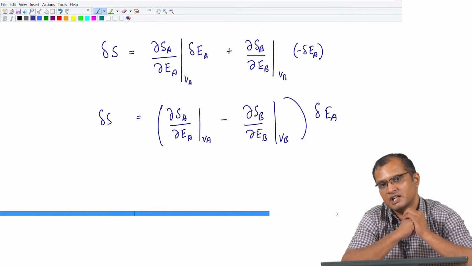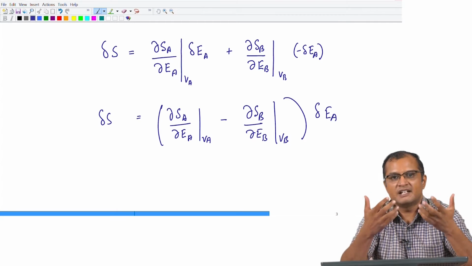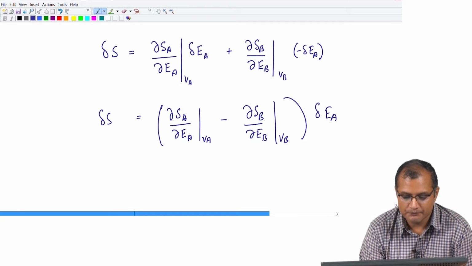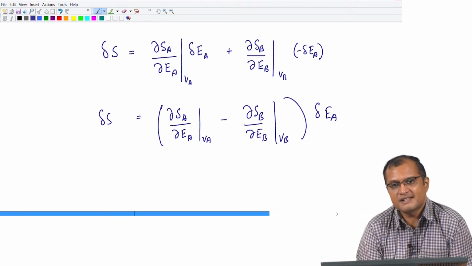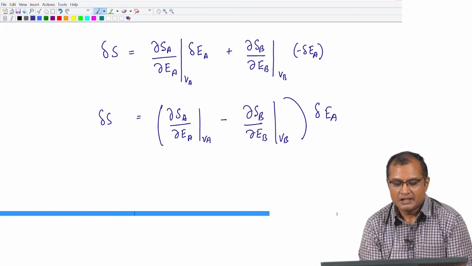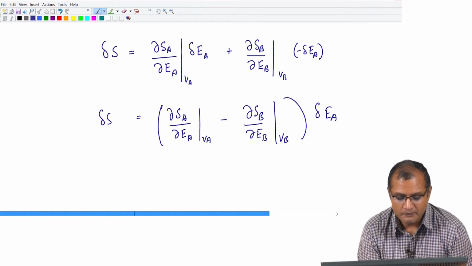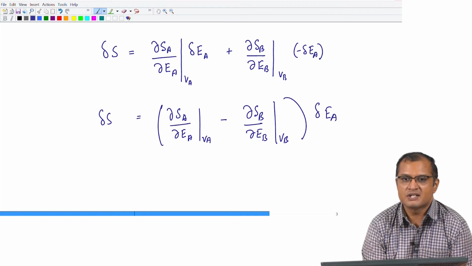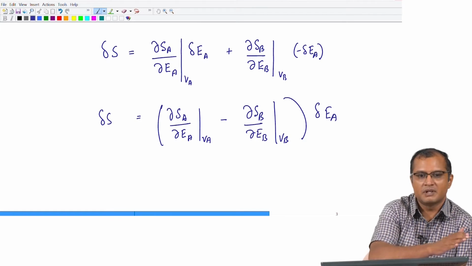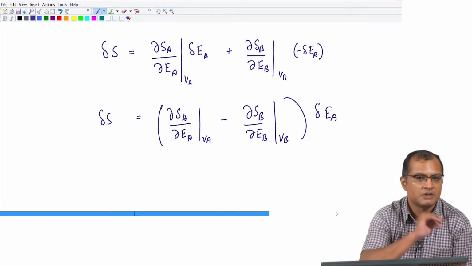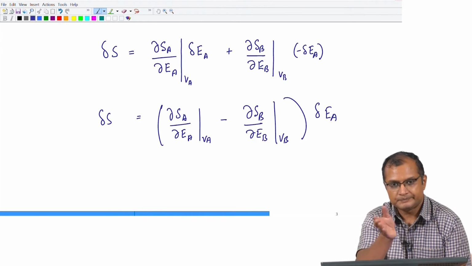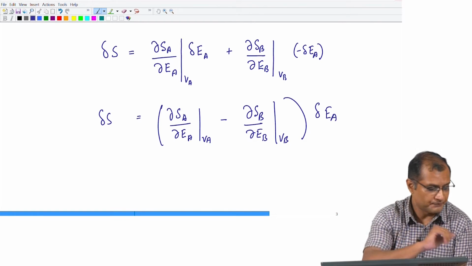Now, when the change is irreversible, you will definitely expect a positive change in the entropy, greater than 0. But we are chasing a condition for equilibrium, which means if you are at equilibrium, then there will not be any change in entropy. Any passage of energy from body A to B is reversible, because you are at equilibrium.